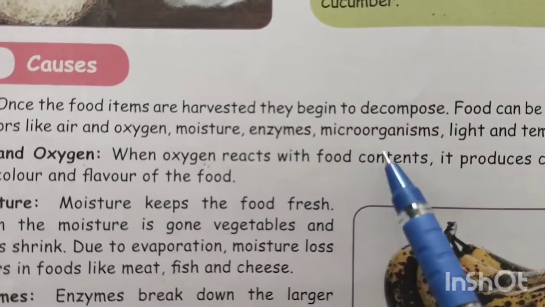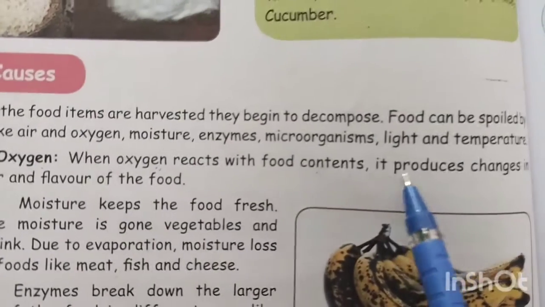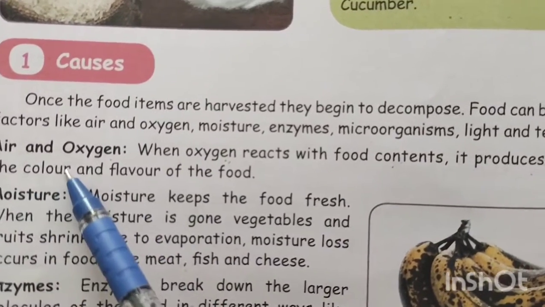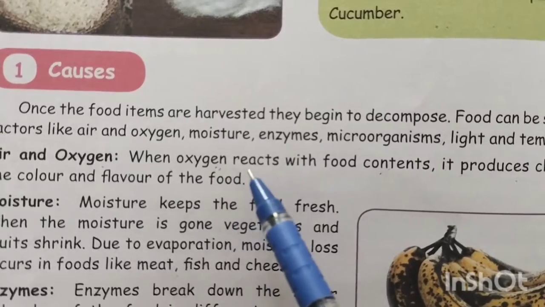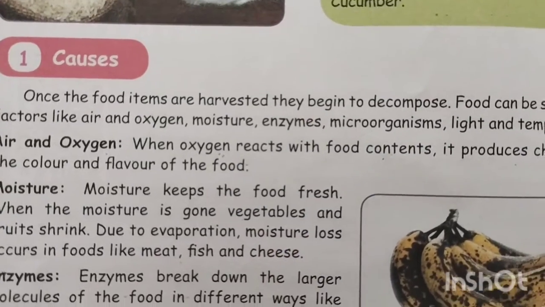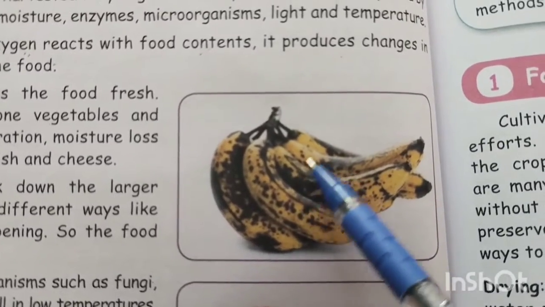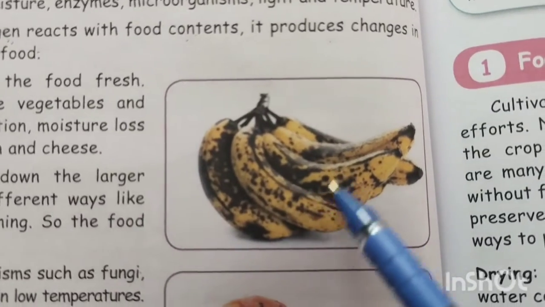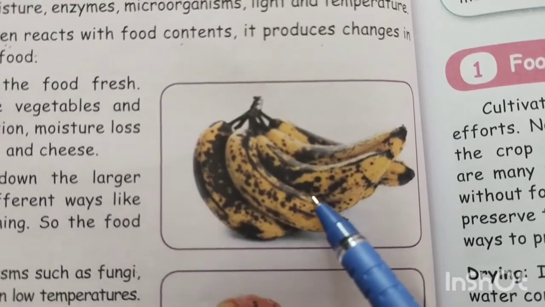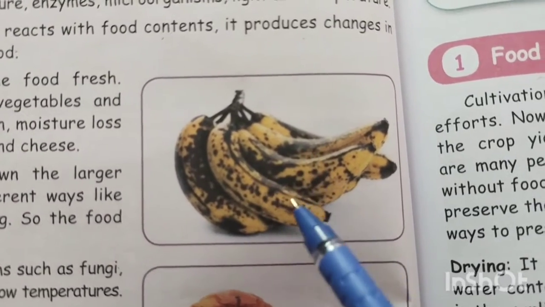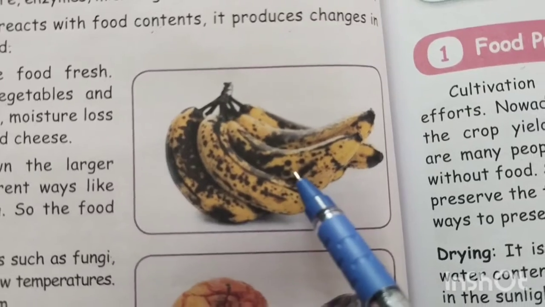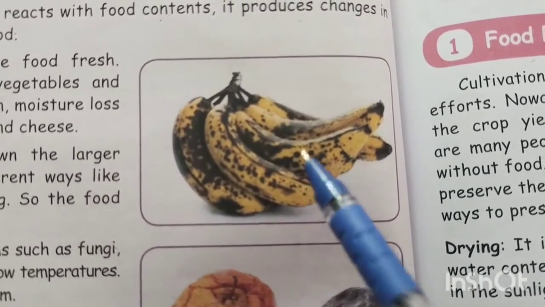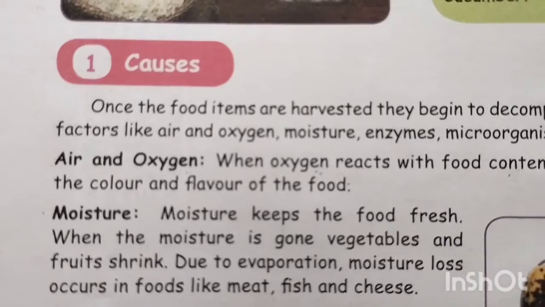When it reacts with the food contents, it produces changes in the color and flavor of the food. So students, the oxygen present in the air reacts with the food content and produces changes in the color and flavor of the food. Okay, so the food gets spoiled because of the air and oxygen.